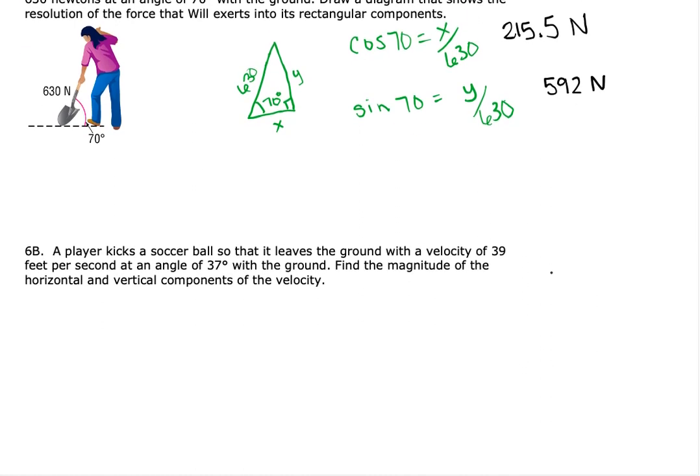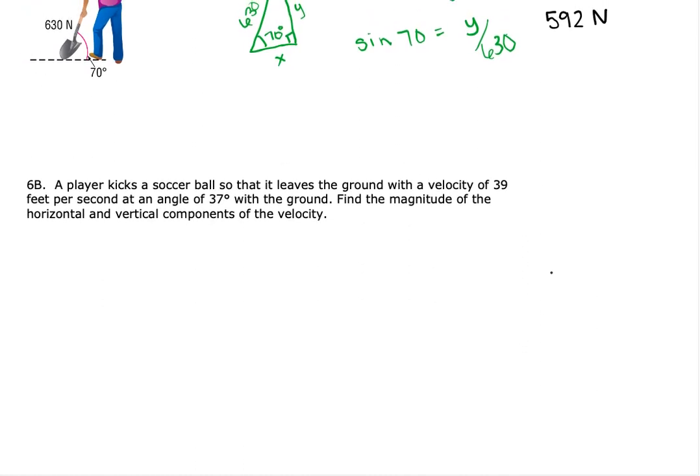Let's try one more. I'll try to go through this quickly so you can be done. A player kicks a soccer ball so that it leaves the ground with a velocity of 39 feet per second at an angle of 37 degrees with the ground. Find the horizontal and vertical components. So we have the ground, and I seriously wish I could draw straight.